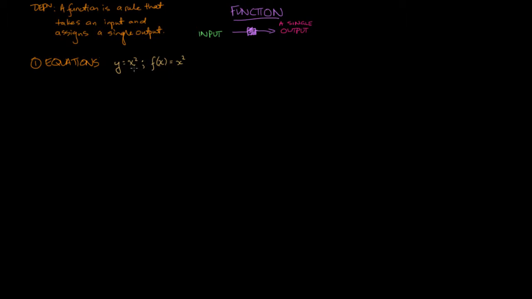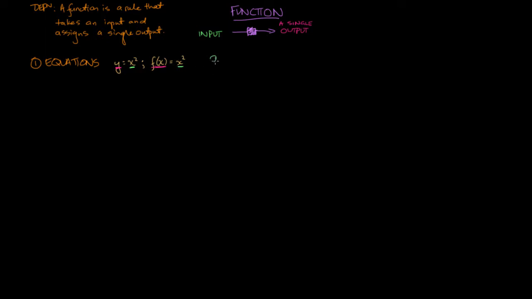So here the x is the input. These two are the same function, they describe the same rule, and what they do is they take a specific input, which is the x, and then from that input they get some output. So for instance, let's say we want to substitute the value 2.